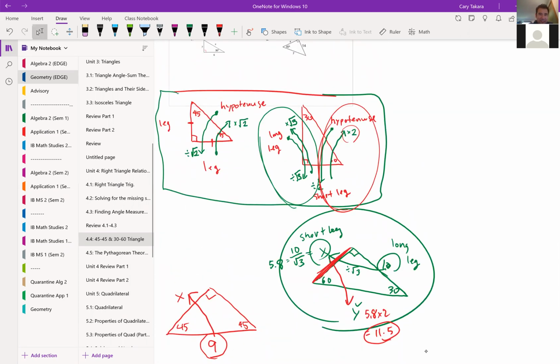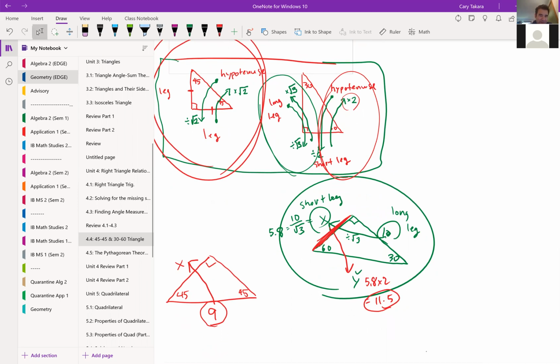And if you look at the notes right here, for 45, 45, you have to multiply or divide by square root of 2. Do you multiply it or do you divide it? In this case, 9 is a hypotenuse, isn't it? So you're going from hypotenuse to the leg. In other words, it's this one right here.